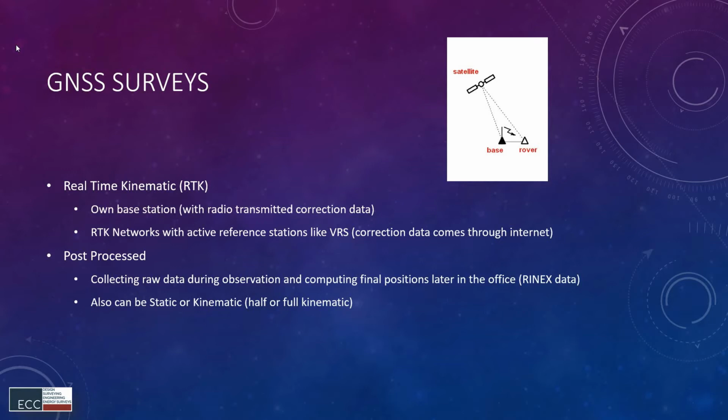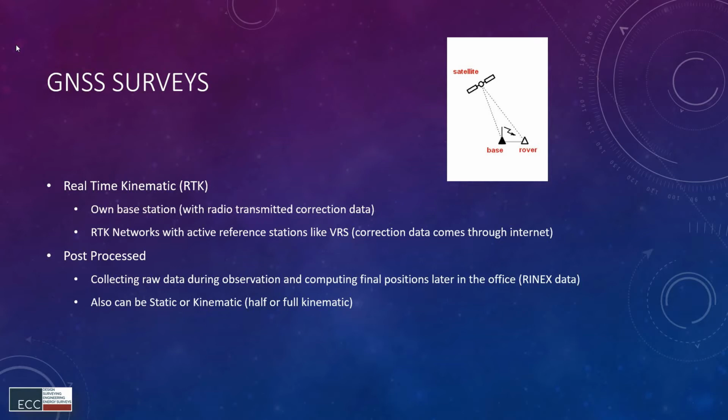Or you can use an RTK network, which nowadays is very popular. If we have Trimble equipment, we have VRS, a virtual reference system network. There are different RTK networks.